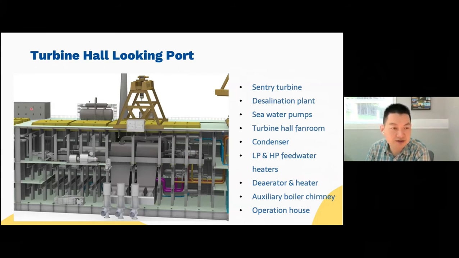And you can also see the operation house, where people live and operate the power plant. And you also see the steam pipes here, and also the power cables right here.